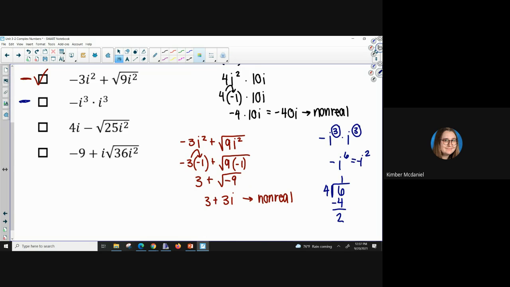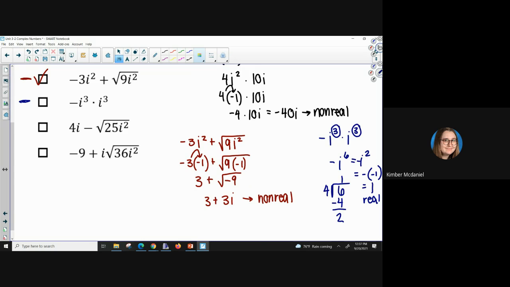And what is i to the 2nd? -1, because it's always -1. So I have -(-1), which equals 1. Is that real or non-real? One's a real number. So are we going to check our third answer choice? No.